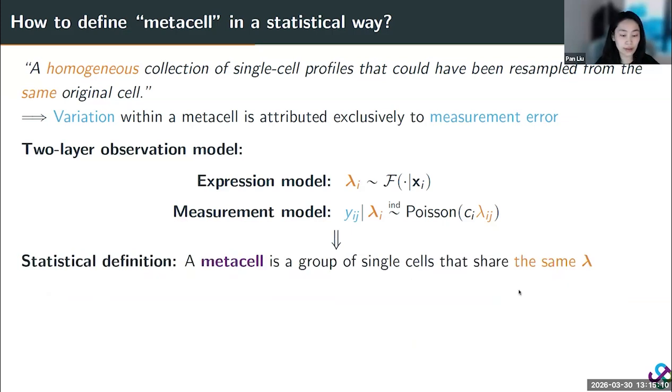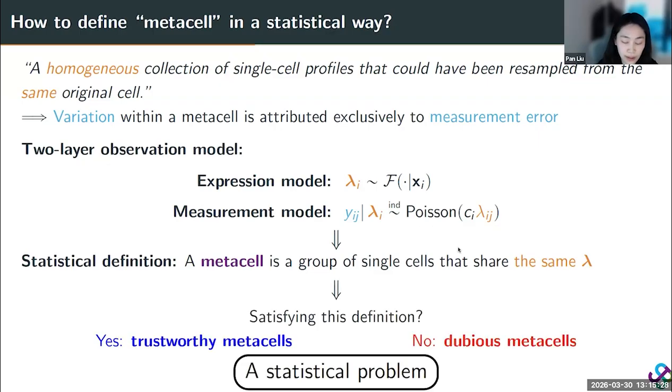So based on this two-layer model, our statistical definition of a metacell is a group of single cells that share the same lambda. So the cells in the same metacell have the same lambda, but they have different Y_i's. Then we can formulate this into a statistical question. Can we check if one existing metacell actually satisfies this definition? If yes, we will call this metacell trustworthy, and otherwise we will call this metacell dubious.